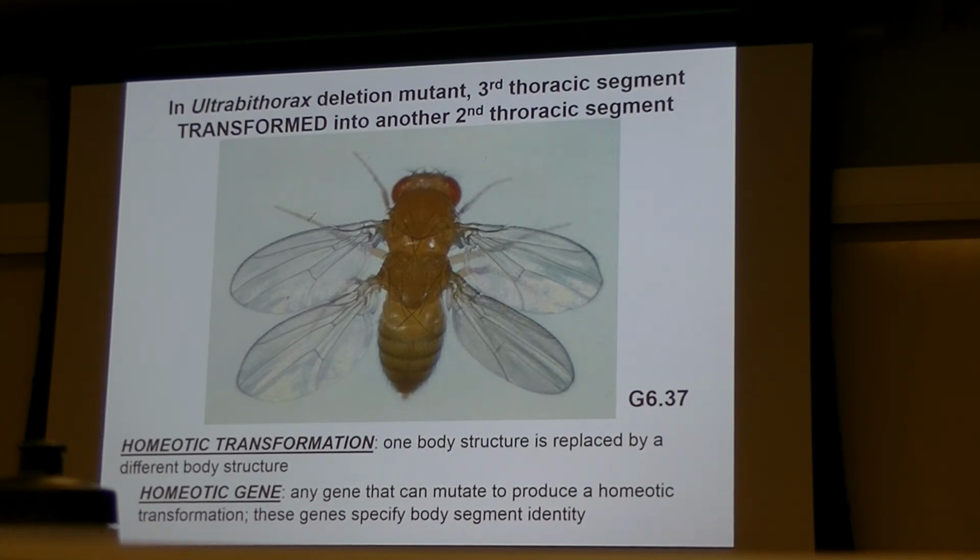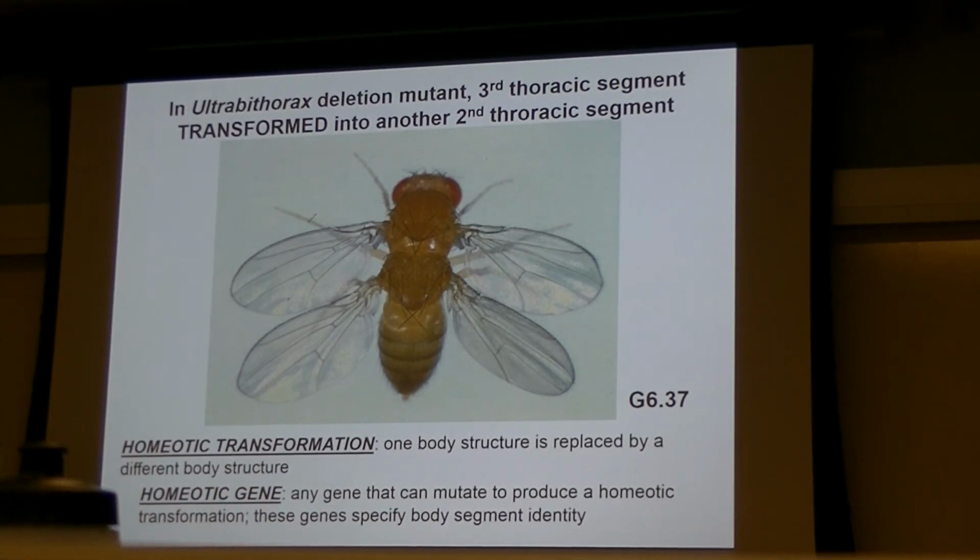Because now we can have a single gene that might mutate and really drastically change the whole appearance of this organism, not in a gradual manner, but in a whole construction of how many legs and how many wings and so forth. So many people are interested in studying how the homeotic genes have evolved and how they're similar or present or not present in different species in the evolutionary tree.